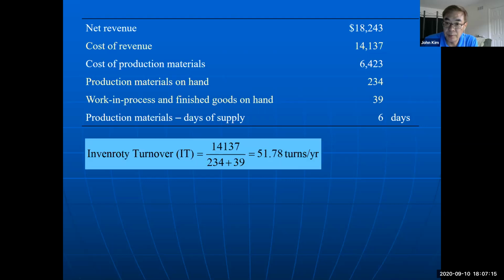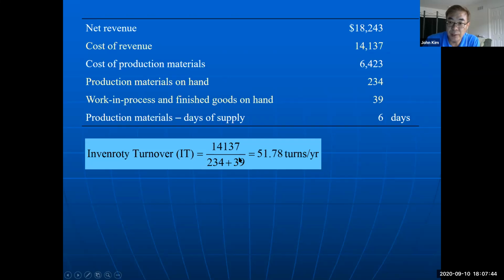Then inventory turnover: 14,137, which is the cost of goods sold, the same as the cost of revenue, divided by aggregate inventory value 234, which is production material inventory plus work in process and finished product inventory.